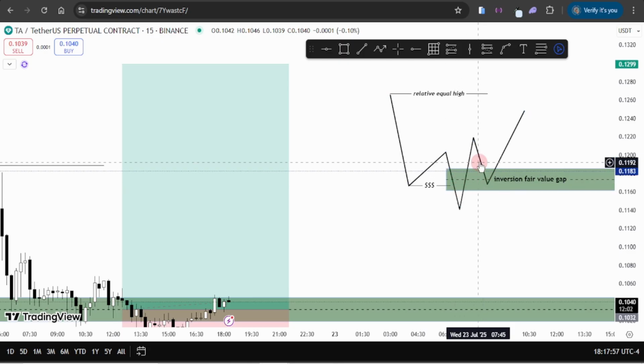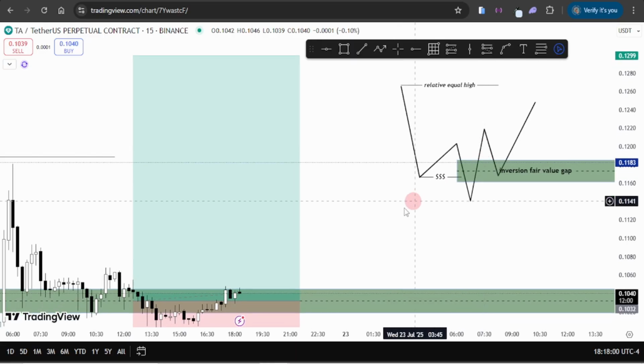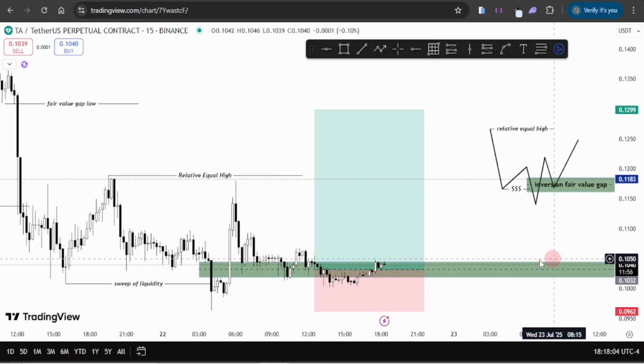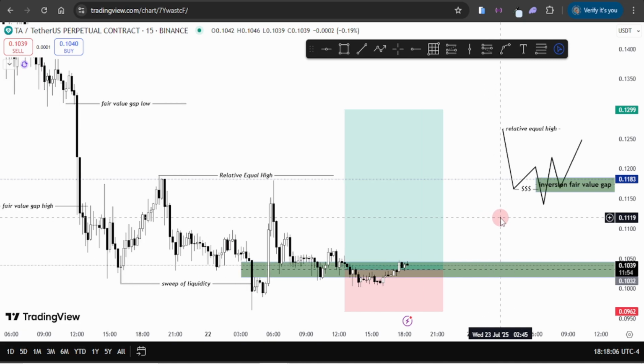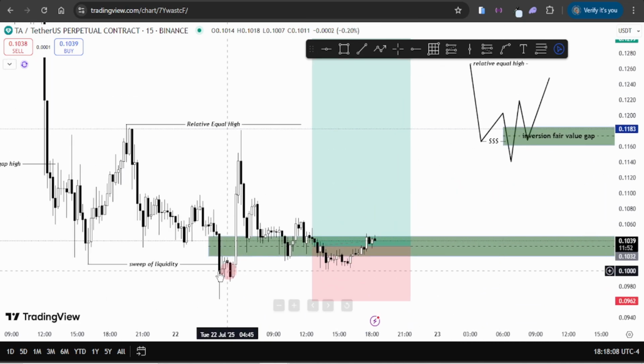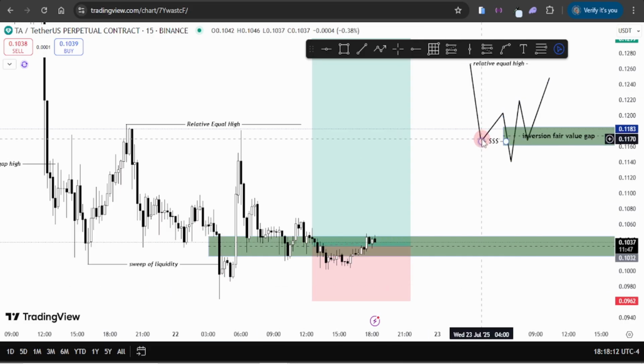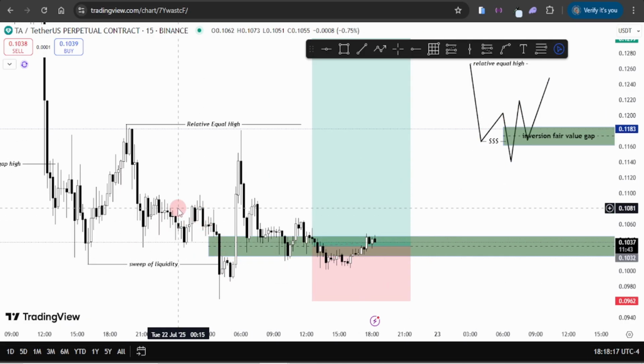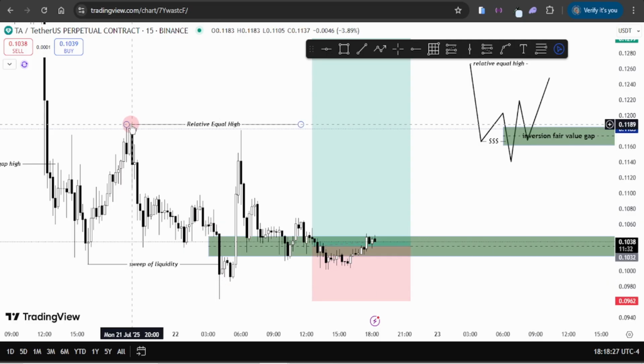And if you bring this model right here, you will see that they are the same thing, because once price swept this low, it is this low. Once price took it out with this leg, so from this high to this low is this high to this low.